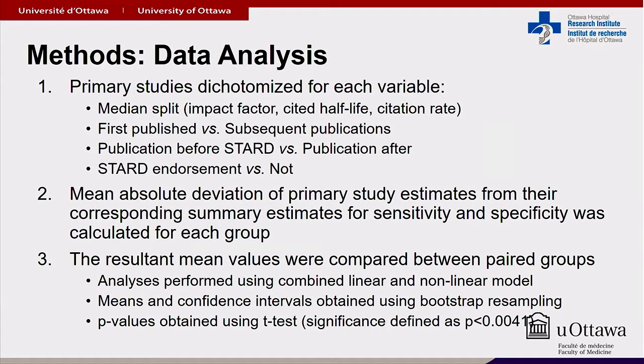To carry out our statistical analysis, we combined a linear and nonlinear model where means and confidence intervals were obtained using bootstrap resampling and p-values were obtained using a t-test. Our desired level of significance was 0.05 overall, but we employed a Bonferroni correction to mitigate any bias that might have been introduced by performing multiple comparisons.